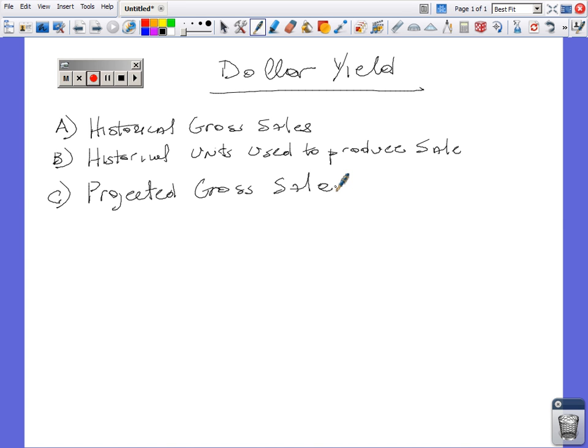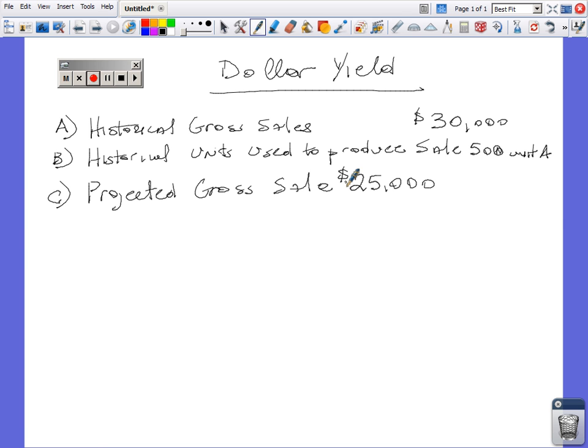So, example 1. Let's assume we have historical gross sale of $30,000. And when we look at our sales mix, we see we use 500 units of item A to produce $30,000. Our projected gross sale will be $25,000.